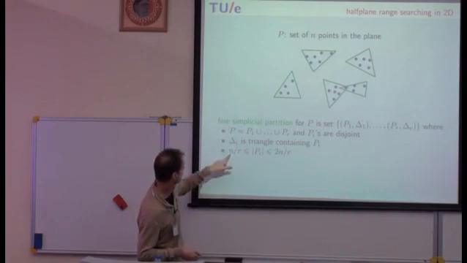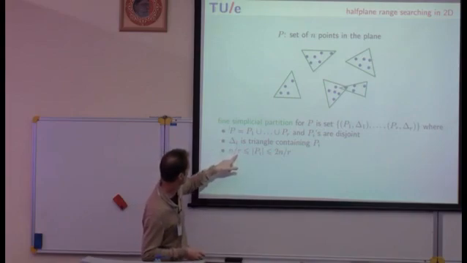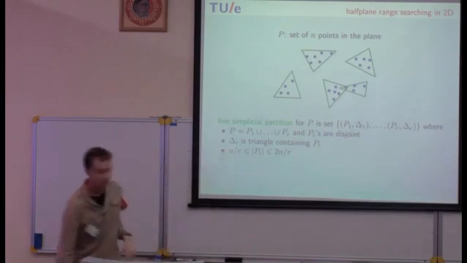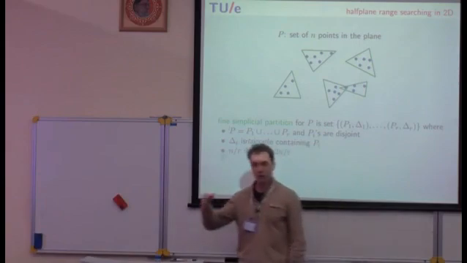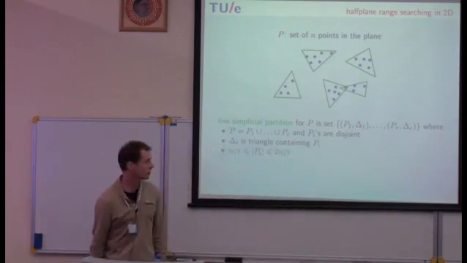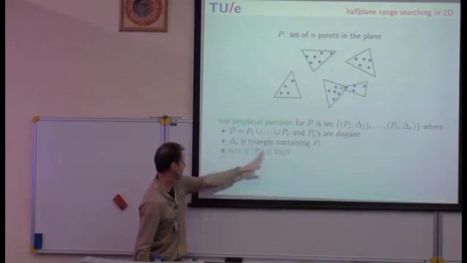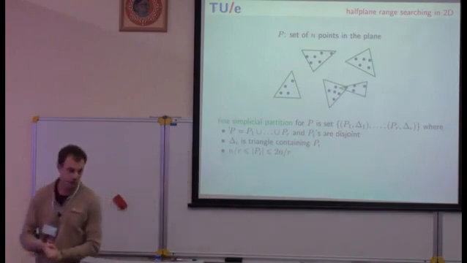This should be n divided by 2r, by the way. So roughly, if I have r subsets, on average they contain n divided by r points, but all of these should be in a certain range.